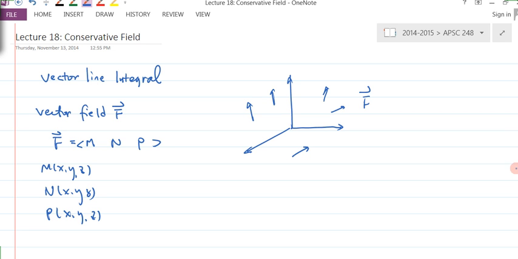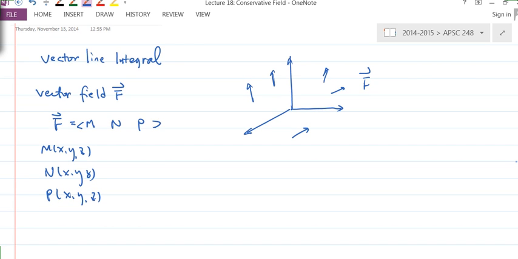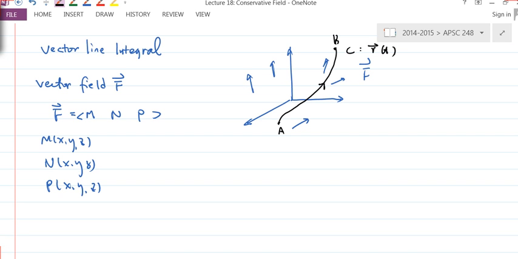So the first type of application is the vector line integral. If I have a curve r of t within this vector field, and I'm going to move from A to B, let's say the vector field is a force field.